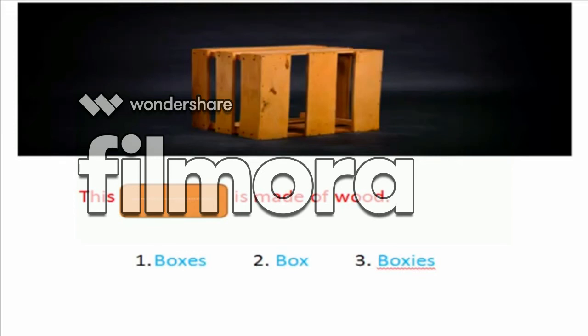Because the rule says all the nouns that end with x, we should add es in the plural form. Concerning number 3, that is false. There is no boxes in English. That is false. We move on to the next exercise.